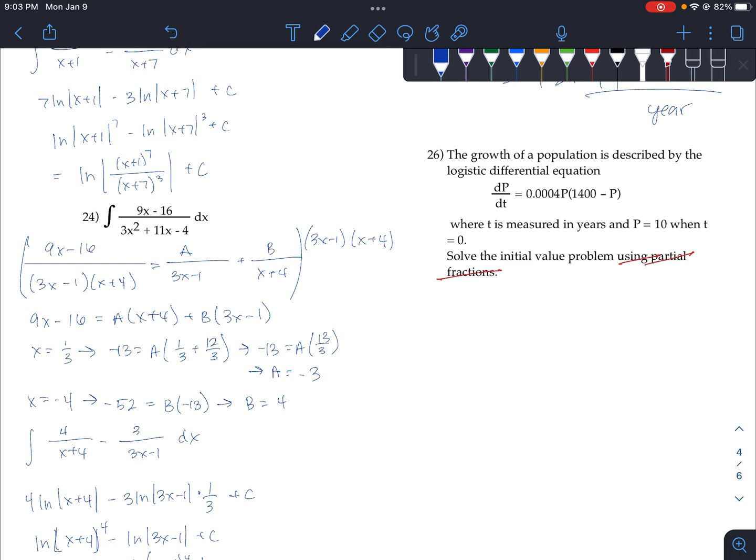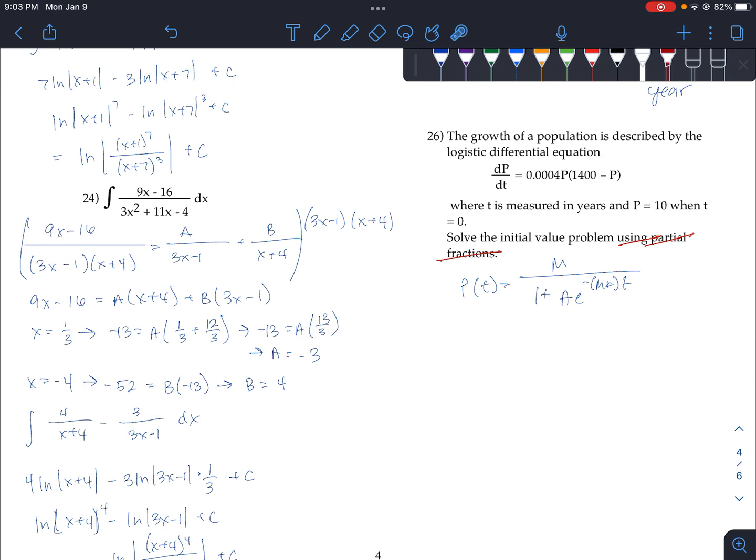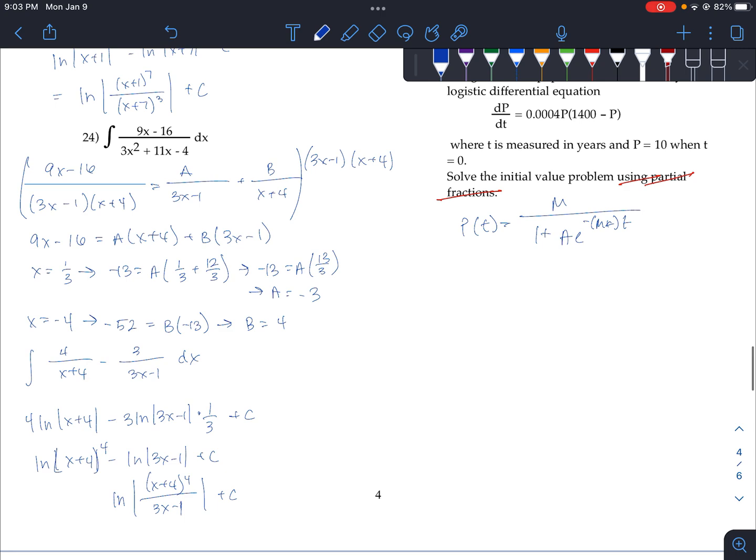So if you guys recall, the solution P of t is equal to M divided by 1 plus A e to the negative MKt. That's going to be the solution. So M is 1400, k is 0.0004. We need to find the value of A.